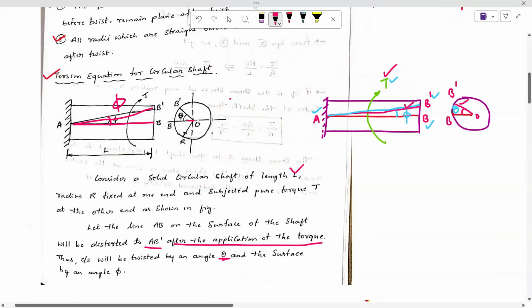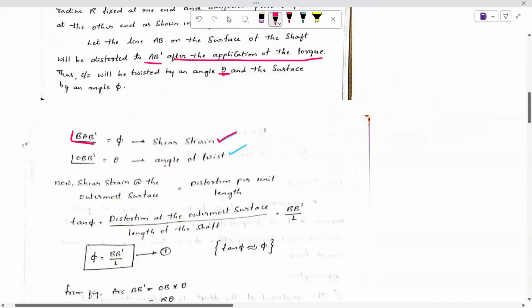In the cross section, the angle made by BOB dash is theta. The theta is nothing but angle of twist.